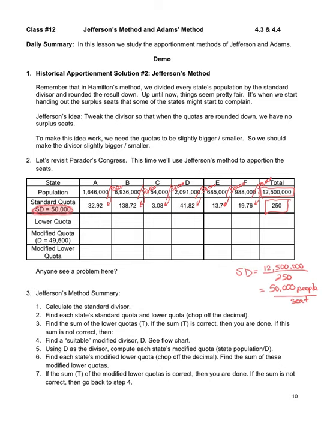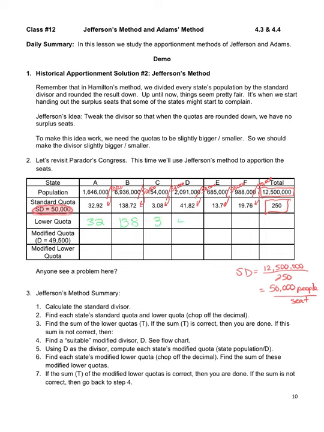All right, our next step with Hamilton's method, and will also be the next step with Jefferson's method, is to round these down to the lower quota. And remember, that's the same as just cutting off the decimal. So for state A, that's going to go down to 32. State B is 138.